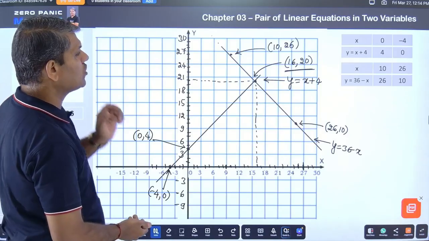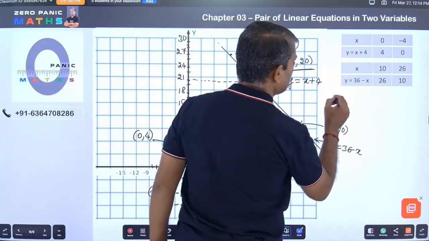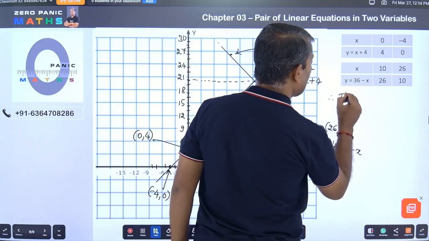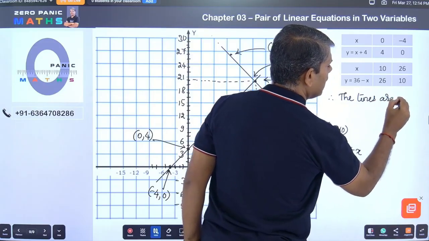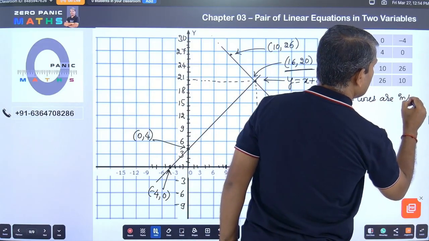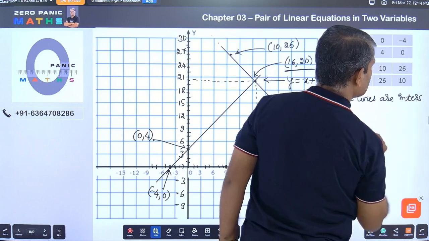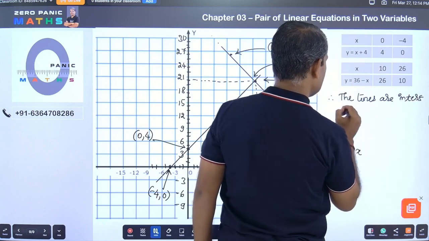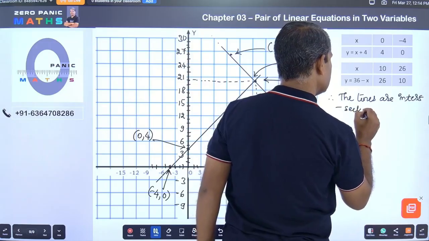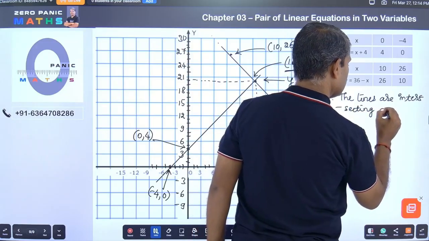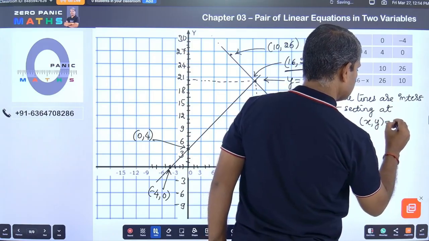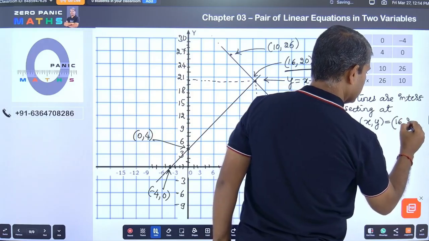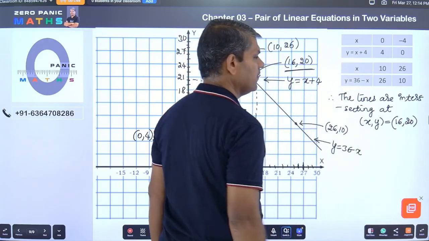Okay, let us do that. Therefore the lines are intersecting at x, y is equal to 16 comma 20.